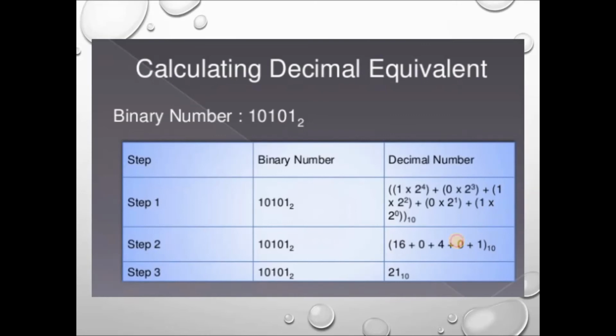And then 2 to the power 2 means 4 into 1, 4 is coming. Like that these numbers are coming. If you add them, you will get the decimal number 21. Clear? Like that you can convert binary to decimal number.